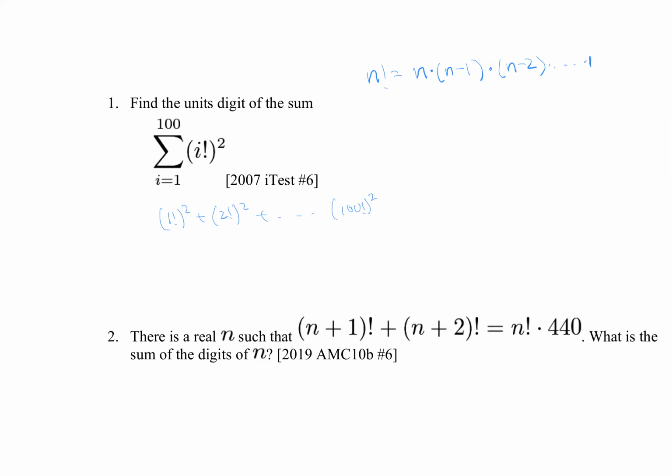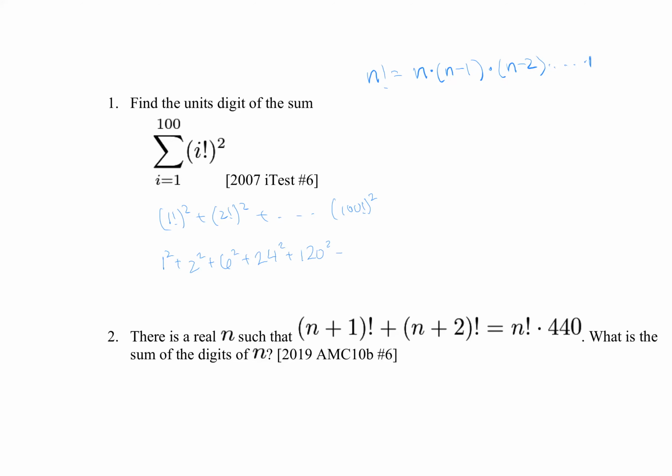It's sigma. Okay, so we can start by looking at each term individually. 1 factorial is 1, so 1 squared, plus 2 factorial is 2, so 2 squared, 3 factorial is 6, so 6 squared, 4 factorial is 24, so 24 squared, and then 5 factorial is 120, right?